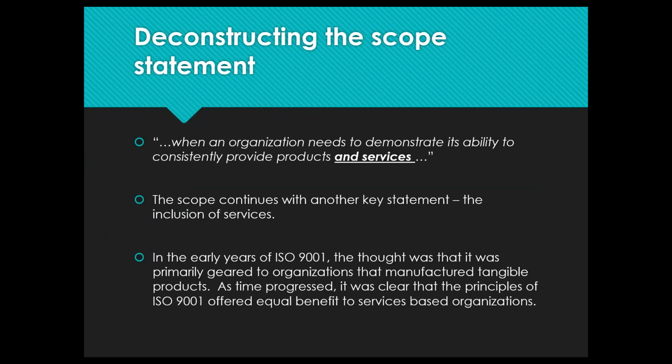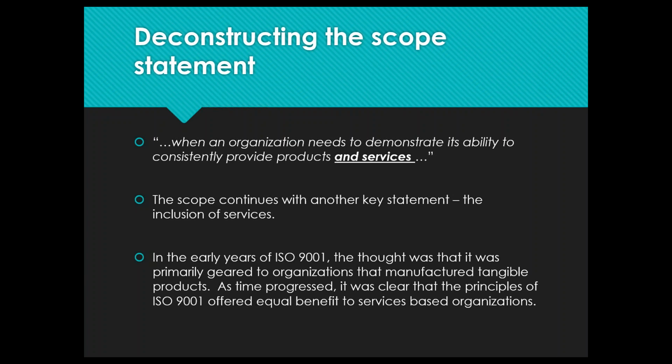The scope then continues, when an organization needs to demonstrate its ability to consistently provide products and services. Now this brings up another key aspect: the fact that ISO 9001 is considered a mutually applicable standard for both products and services.